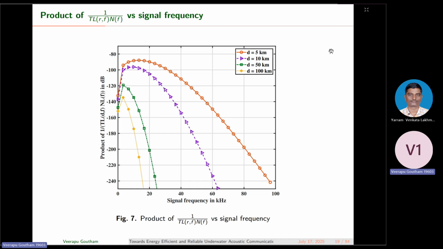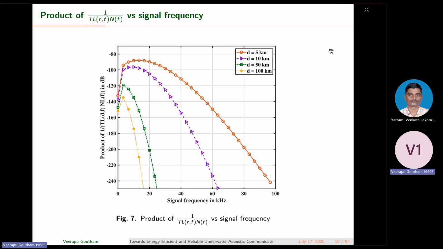Please understand that this transmission loss is mainly dependent on the frequency as well as distance. Many times in terrestrial communications, researchers consider that transmission losses are constant over the band.